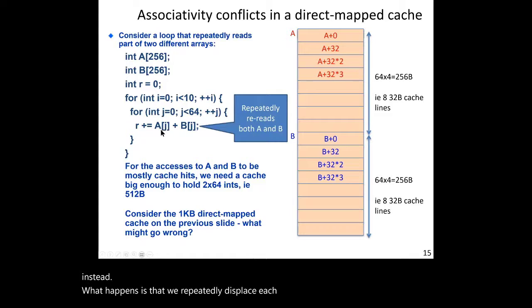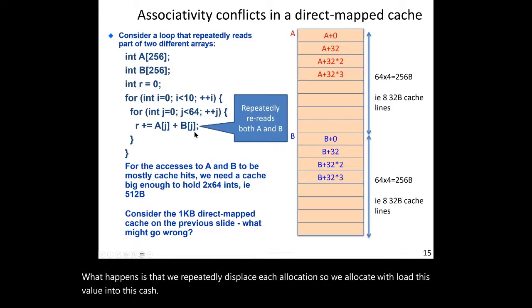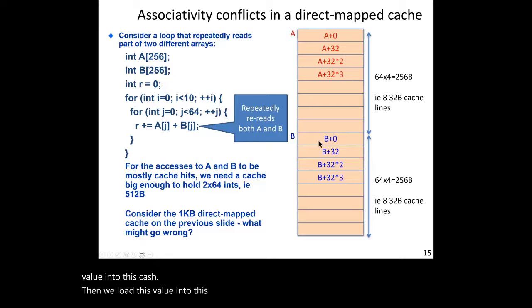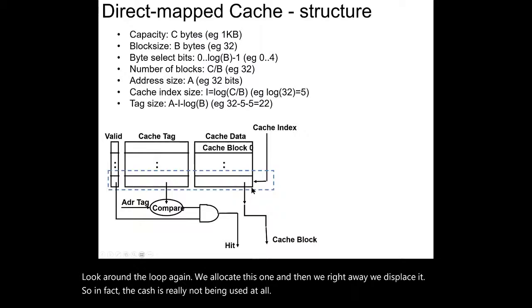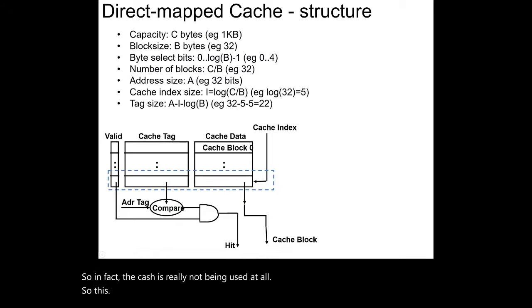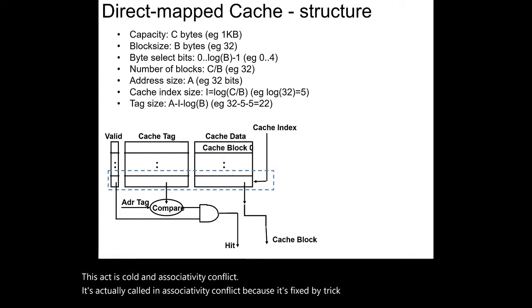So we load this value into the cache, then we load this value into the cache, and displace the value we just loaded from A. We go around the loop again, we allocate this one, and then right away we displace it. So in fact the cache is really not being used at all. This effect is called an associativity conflict. It's called that because it's fixed by a trick called an associative cache.